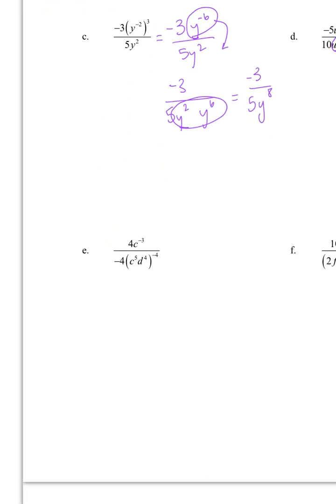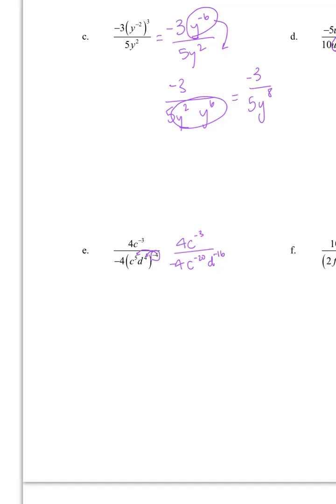Okay, I'm going to deal with this negative exponent first, which means on the top, I'm going to have 4c to the negative 3. On the bottom, I have a negative 4, and then c to the negative 20th, and d to the negative 16th, right? Those got multiplied.